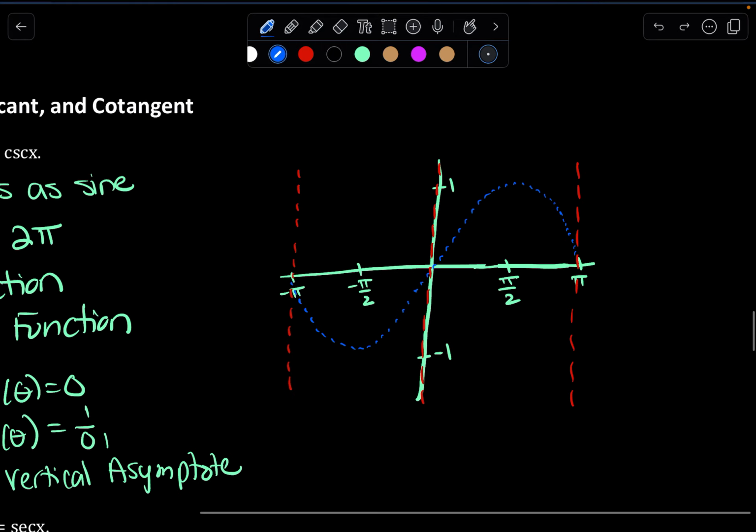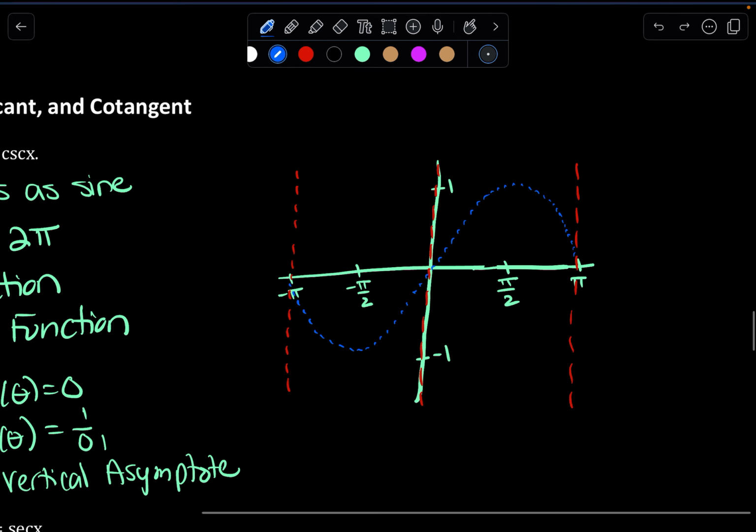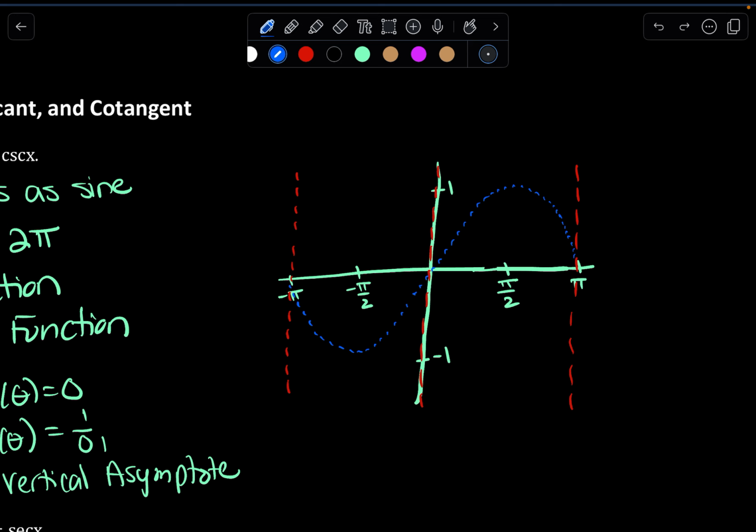All right, the next thing I want to talk about is pi over 2, because we need to figure out what the other parts of this curve are going to be. Let's solve for sine of pi over 2. Based on the sketch and the unit circle, sine of pi over 2 is going to be 1.